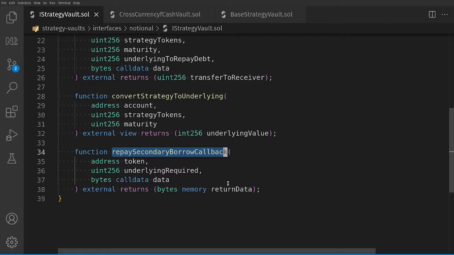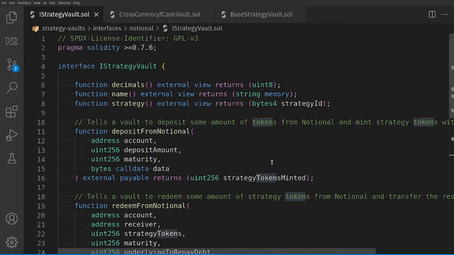When vaults are borrowing in secondary currencies, they're required to repay their secondary borrow debts as positions are exited, and in order to reduce any sort of ambiguity or off by one distinctions, Notional is going to call the repay secondary borrow callback and ask for a specific amount of underlying in that particular token.